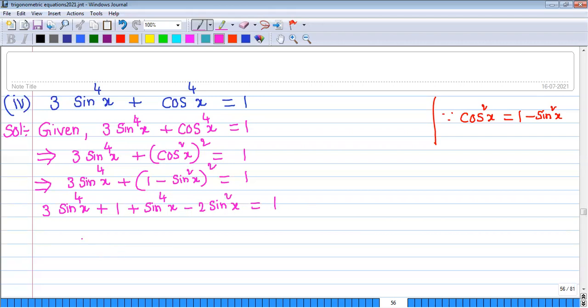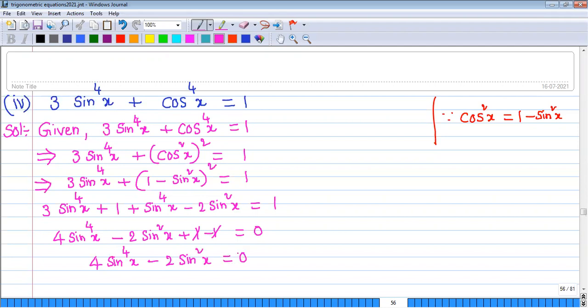Bring 1 this side. 3 sin x to the power of 4 plus sin x to the power of 4 is 4 sin x to the power of 4, minus 2 sin square x, plus 1 minus 1 equals to 0. Plus 1 minus 1 gets cancelled. We have 4 sin x to the power of 4 minus 2 sin square x equal to 0.